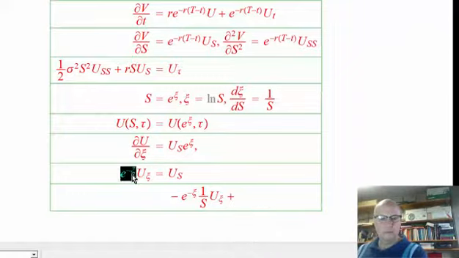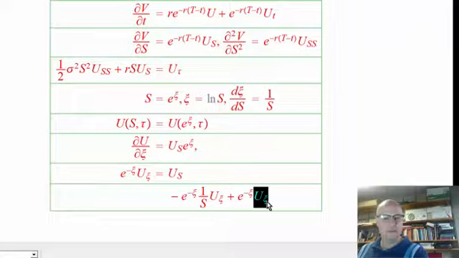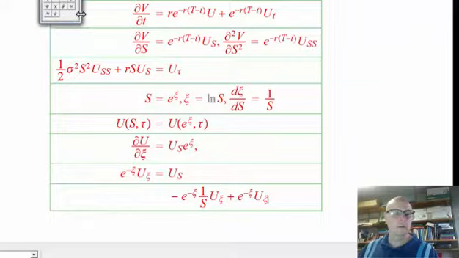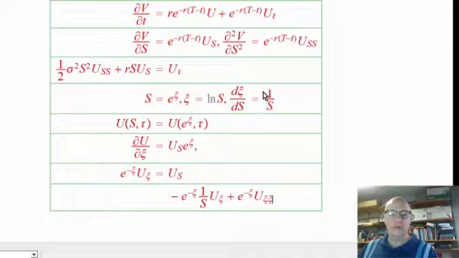Plus, leave the first alone, times the derivative of the second, so I'm differentiating this with respect to s. I have to differentiate this with respect to s, so it'll end up being the derivative with respect to squiggle, now times the derivative of squiggle with respect to s. So now I need another one of these.